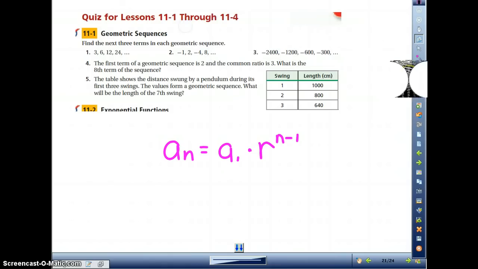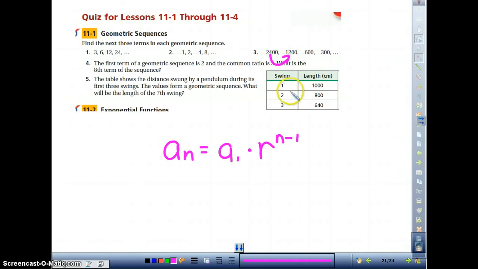All righty. Take a look at this one. What are you doing here? You took negative 2,400 and multiplied by what to change it into negative 1,200? Negative 1,200 multiplied by what gives you negative 600? Negative 600 multiplied by what gives you negative 300? Yeah, they're dividing by 2 each time, which is the same as multiplying by half.